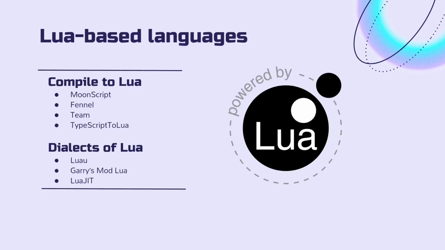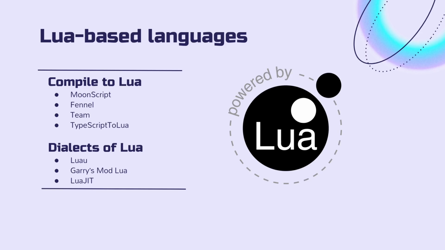And then speaking of dialects, Luau is the one I was just talking about with Roblox, and then you see Garry's Mod Lua. But the difference between languages that compile to Lua versus dialects of Lua is that languages that just compile to Lua typically have modified syntax, usually drastically modified. The modified language compiles into Lua source code, so you're able to interpret it all the same once it's compiled.